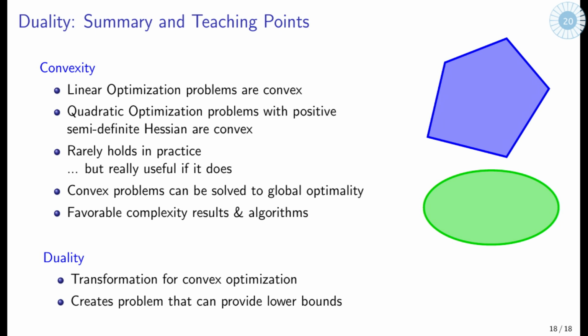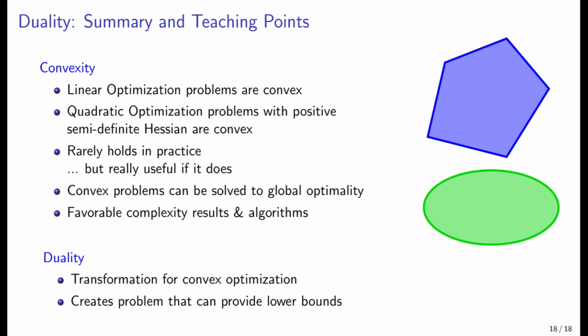And so I talked a little bit about convexity. The takeaway points are really, convexity is our friend, and convexity helps us. Examples of convex problems are linear optimization problems or quadratic optimization problems with positive semi-definite Hessian.